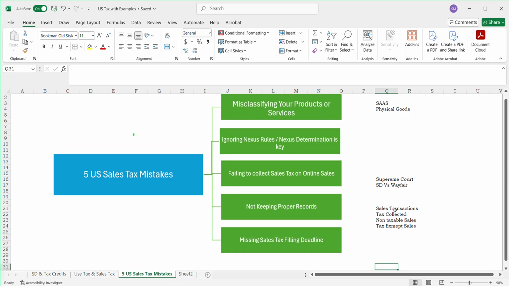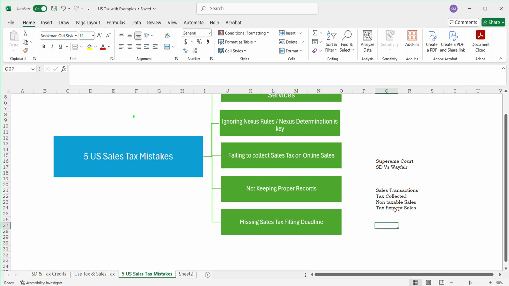The fifth mistake is missing the sales tax filing deadline. Keep a regular reminder of the sales tax. For most US states, the deadline is the 20th of each month, but for some states it might be the 30th, 31st, or 15th. It depends on the filing frequency as well.